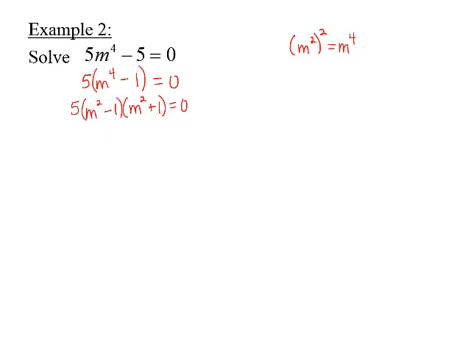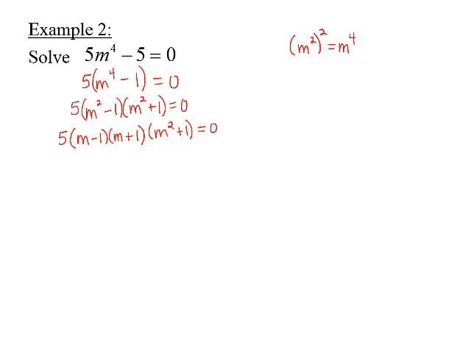Now, m squared minus 1 is the difference of two squares, so we can factor that to be m minus 1 times m plus 1. However, m squared plus 1 is the sum of squares which cannot be factored.